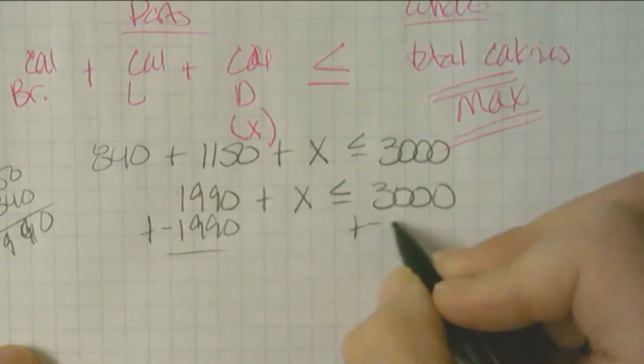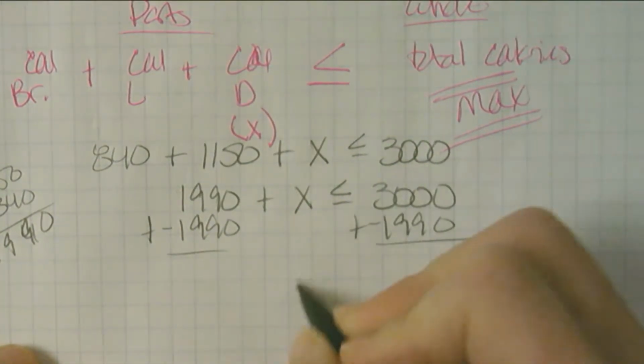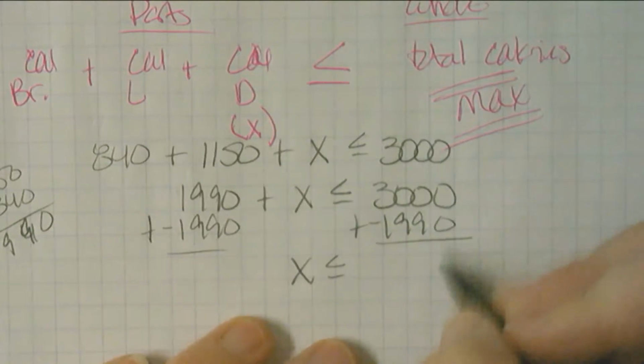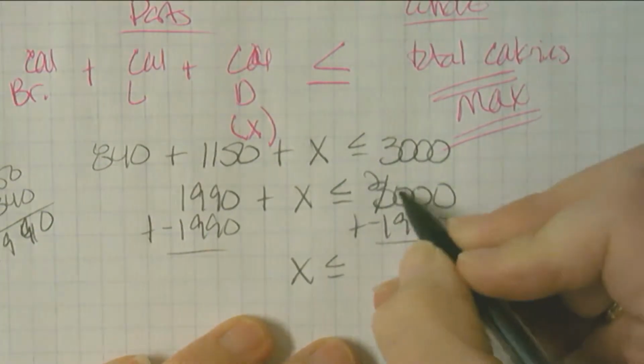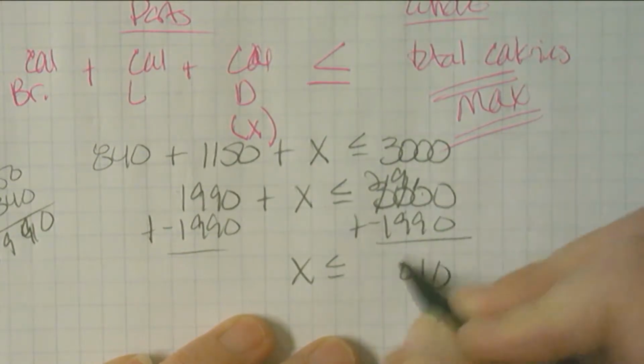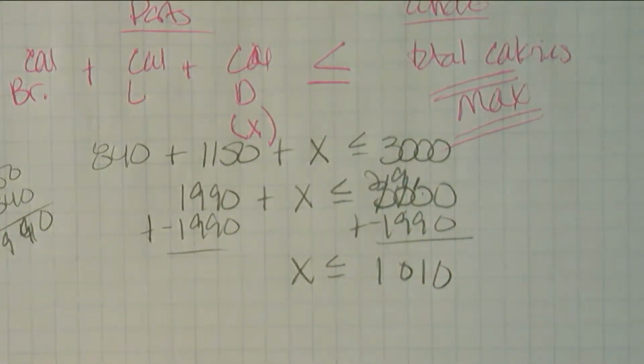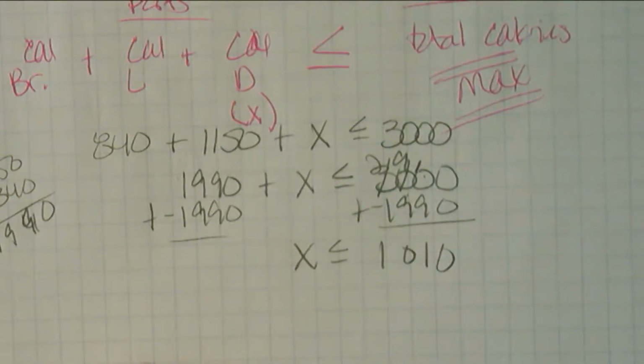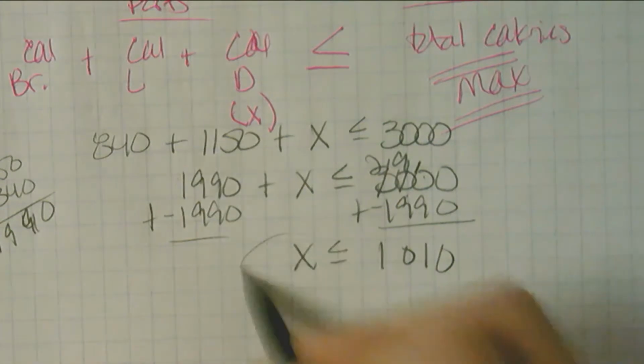Excellent. So I get X is less than, okay, that's a 0. I have to borrow. That becomes a 9. That's 10. It's a 1. It's a 0. 1,010. Did I get that right, you guys? Yes? Okay. So this is my answer.